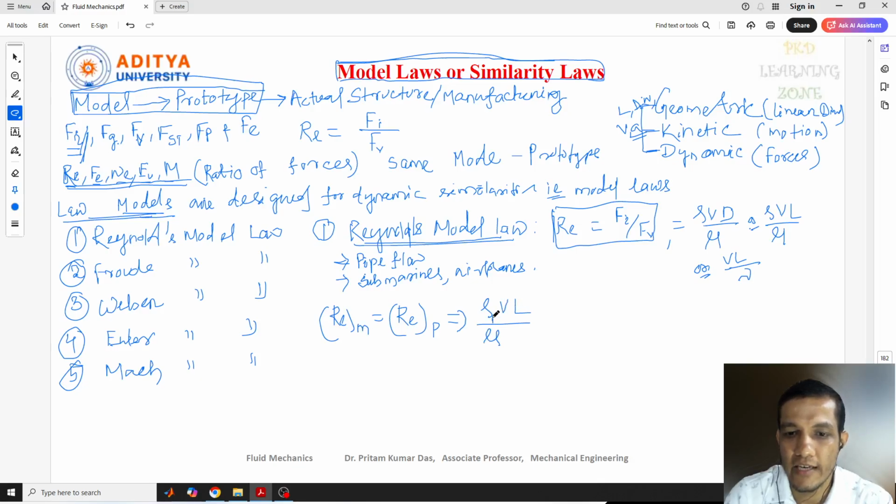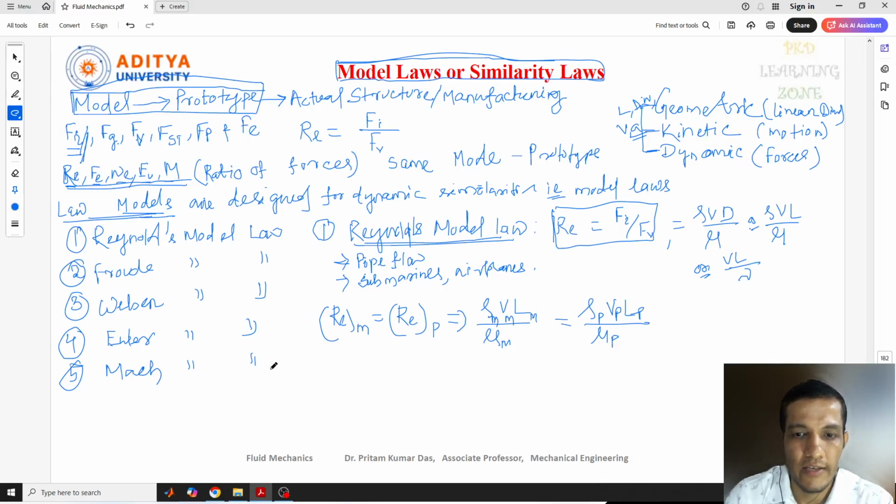That means density for the model, velocity for the model and length for the model, similarly the viscosity for the model. That equals rho of prototype, V of the prototype and length of the prototype, with respect to viscosity of the prototype.